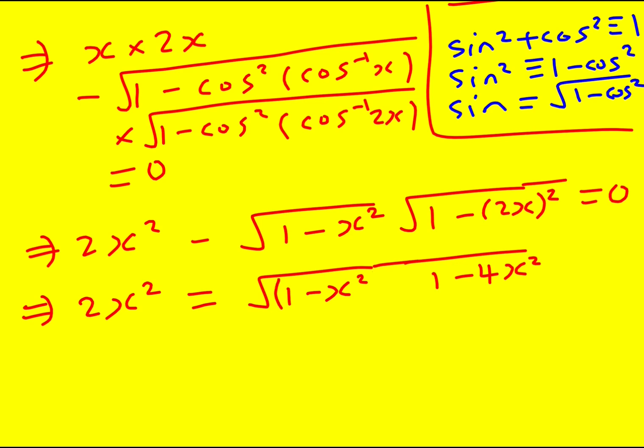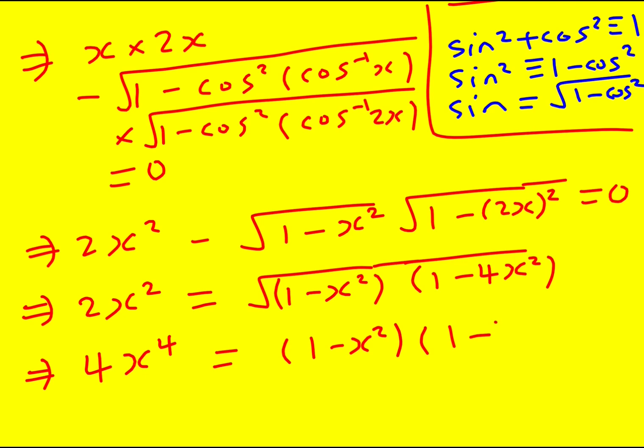Just make sure you put brackets around both these terms. And we can square now. So it's going to be 4x to the 4 equals 1 minus x squared times 1 minus 4x squared.